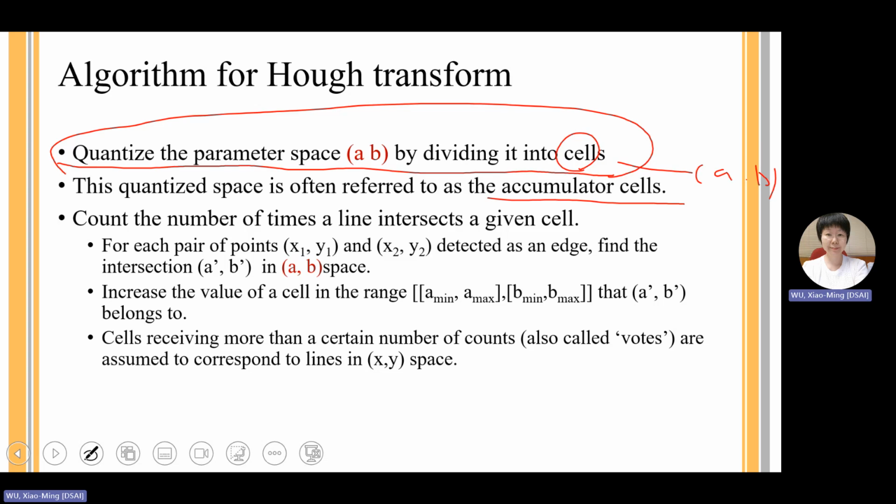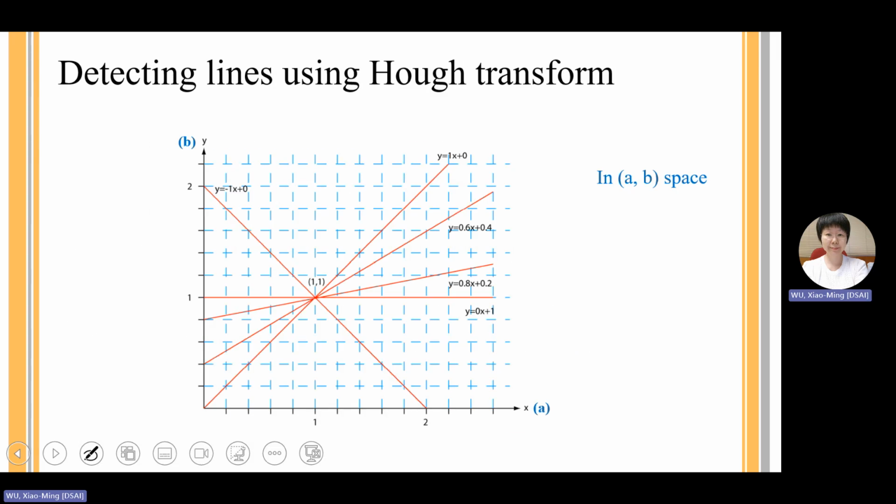Then we count, for each pair of edge pixels within the edge map. Because each edge pixel gives a straight line in the AB space, a pair of edge pixels will give two lines in the AB space. So we can find their intersection.